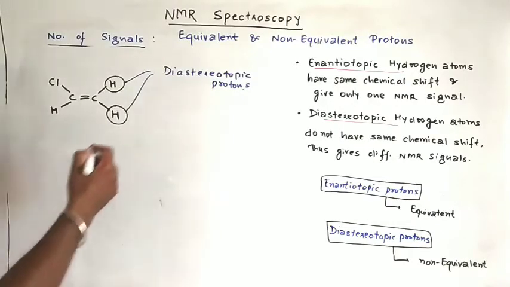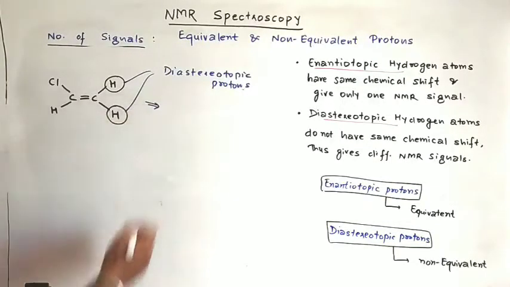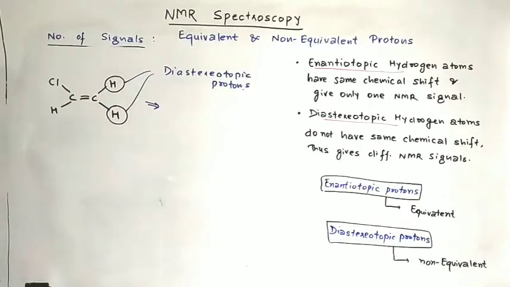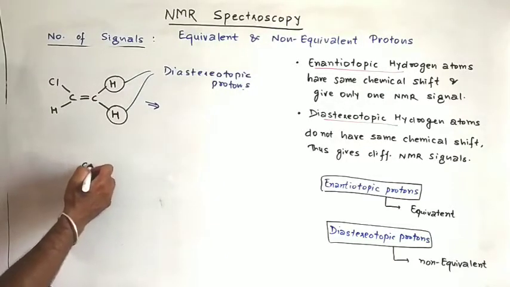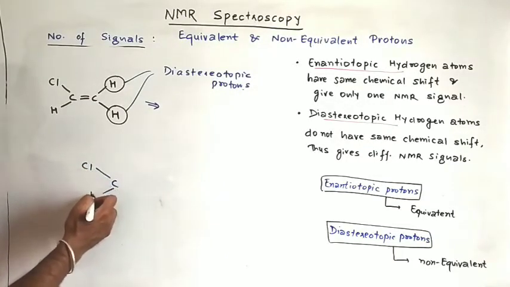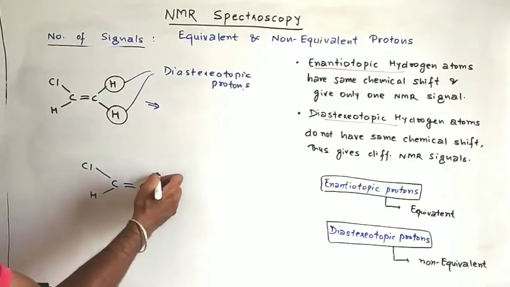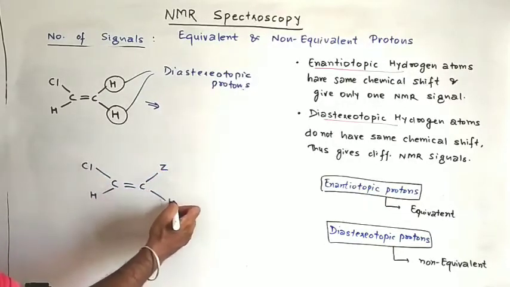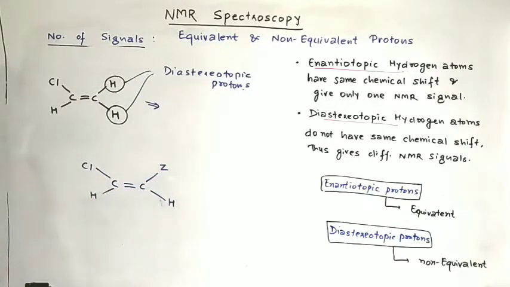How do we know that these protons are diastereotopic? Just replace it by some other group, just like the previous example. When you replace it by some other group, suppose I replace one by Z, you get this molecule.